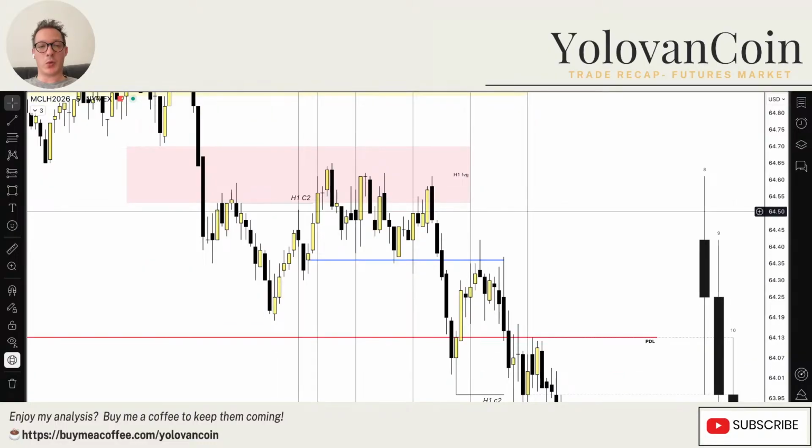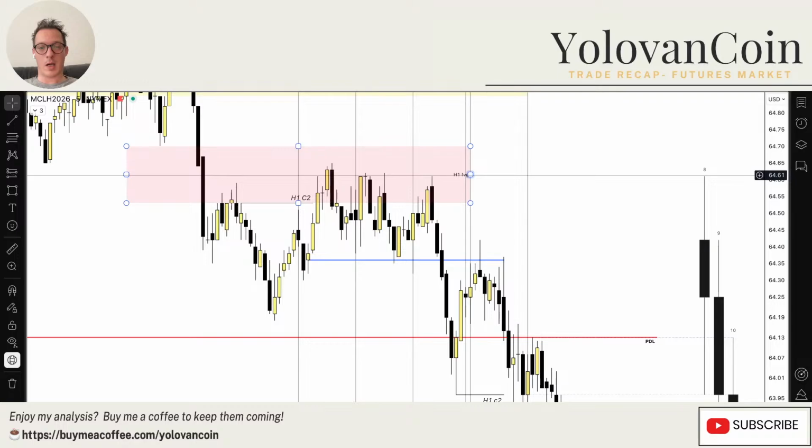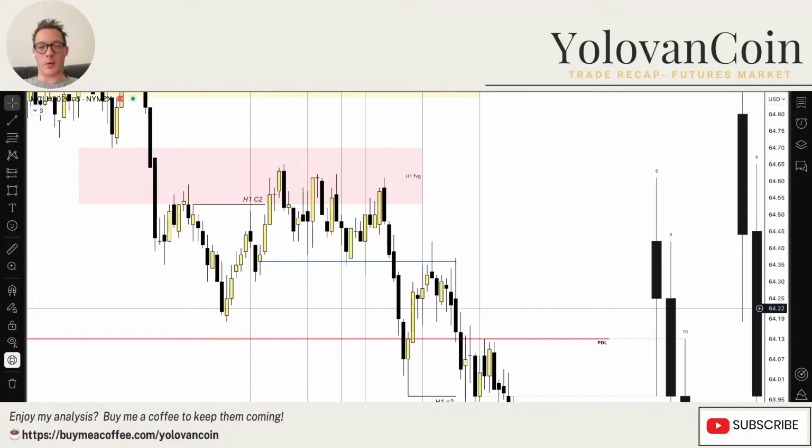So we had a C2 closure into the fair value gap, which was the H1 fair value gap. That was a C2, C3, C4, and the C4 made a new order block, right? So we can use this inside order block, but I don't like to use it because I use only this.